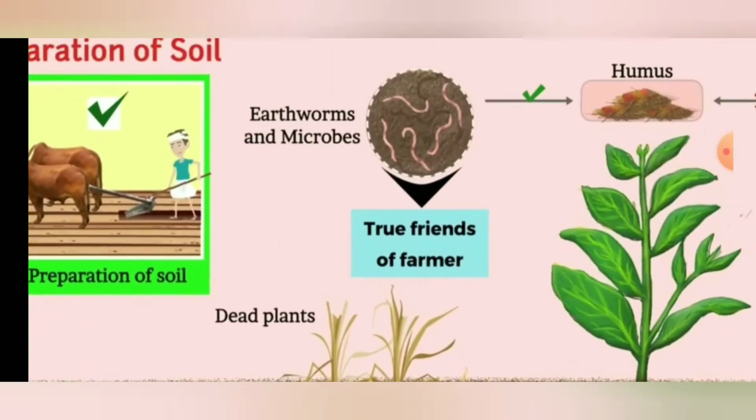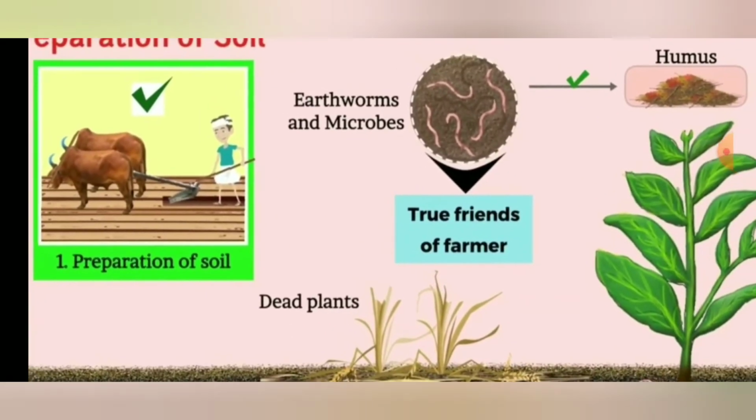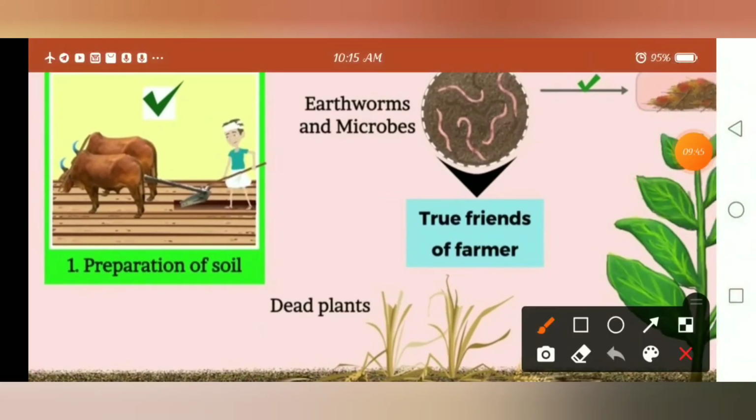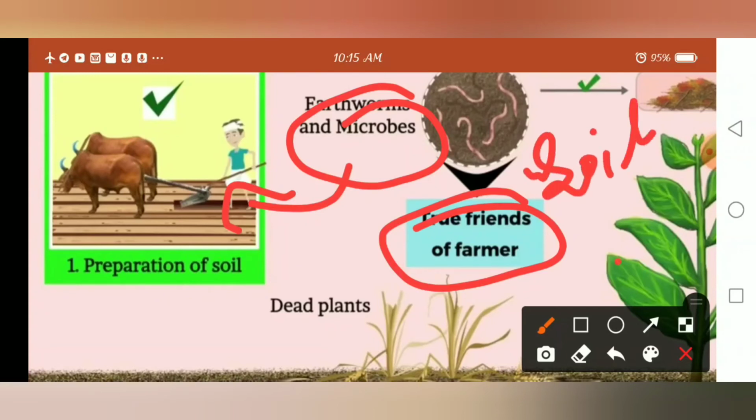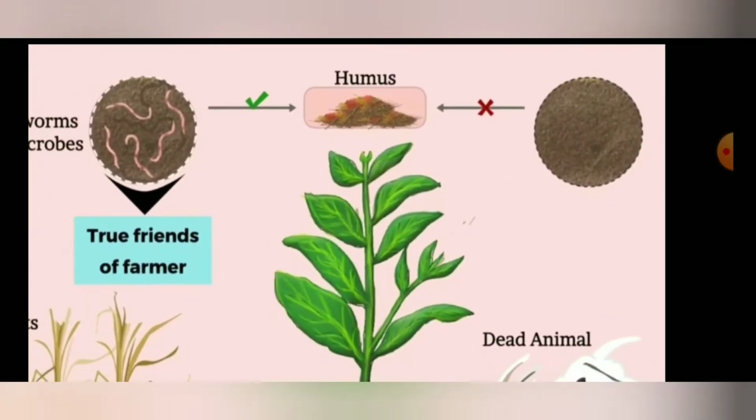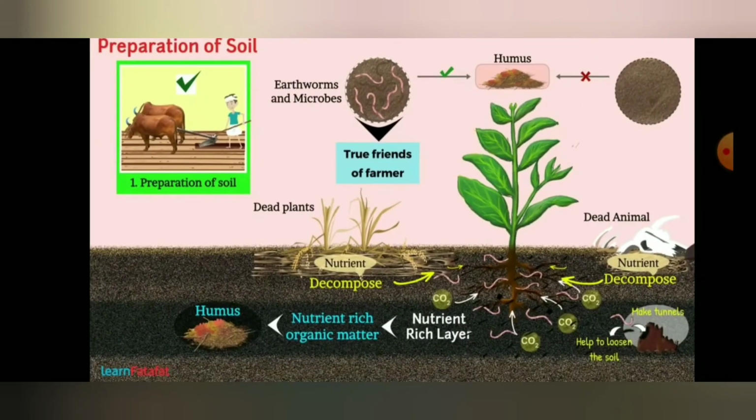I told you before, no? Earthworms and microbes are the farmer friends. They are the true farmer friends. Why are they called farmer friends? Because they help in good soil aeration. Understood?